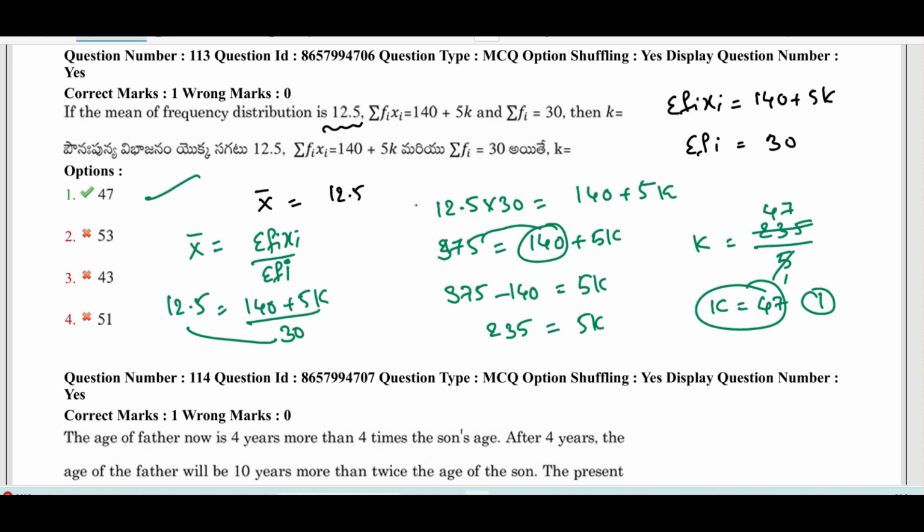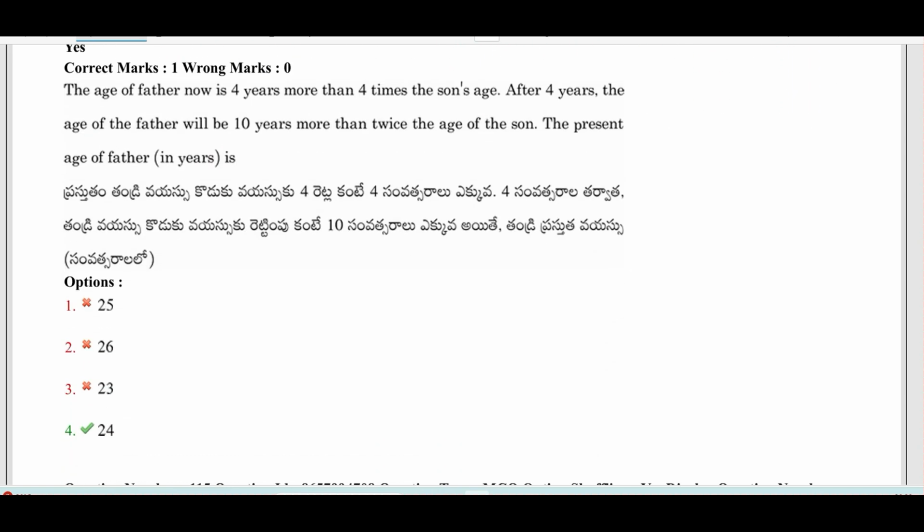Okay. Now, let us see the last problem in this video. The age of a father now is 4 years more than 4 times the son's age. Then, after 4 years, the age of the father will be 10 years more than twice the son's age. Find the present age of the father. Okay. So, firstly, let us take the present age and the age after 4 years.